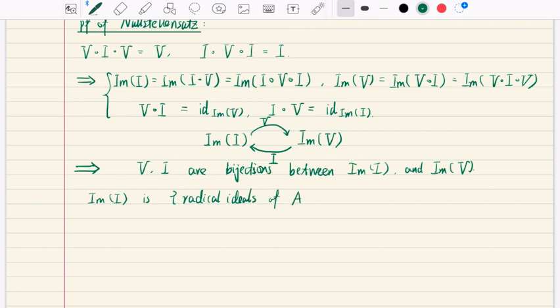Okay. And the image of V is all the closed subsets in the spectrum.